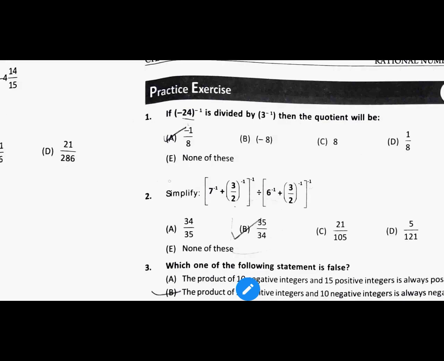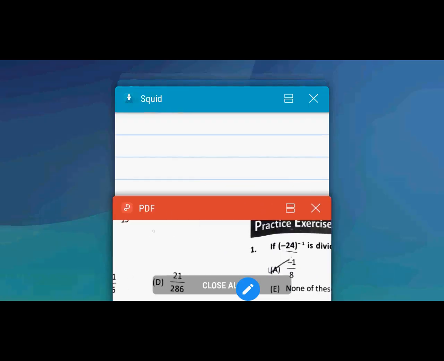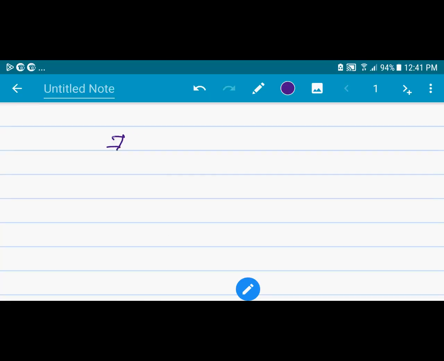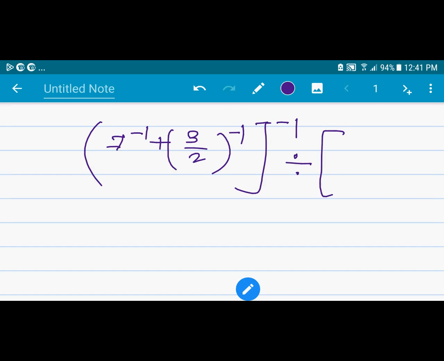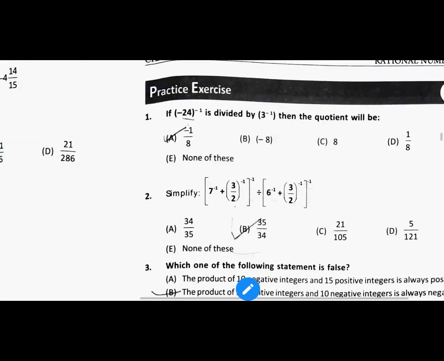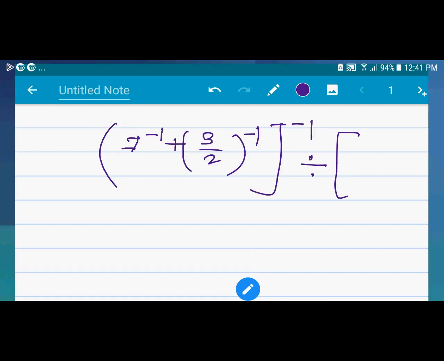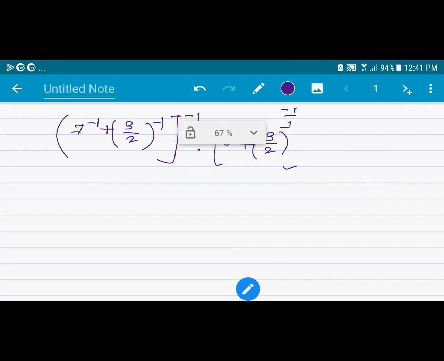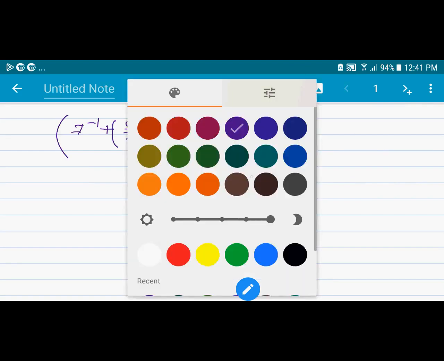Our problem is [7^-1 + (3/2)^-1]^-1 divided by [6^-1 + (3/2)^-1]^-1. So we are going to solve this. How are we going to solve this problem?